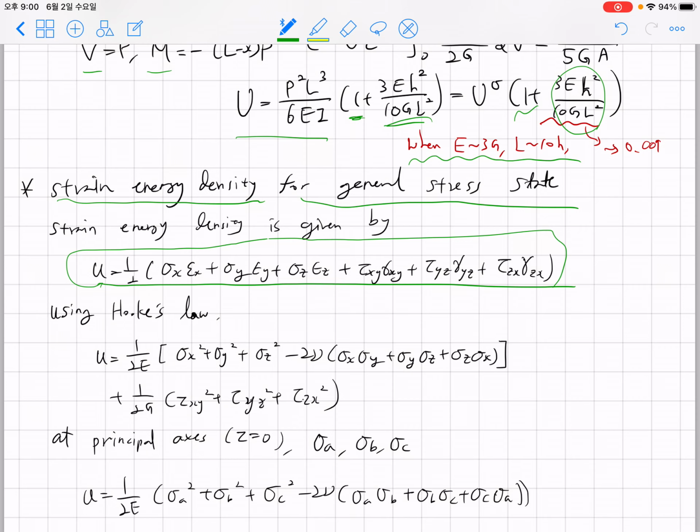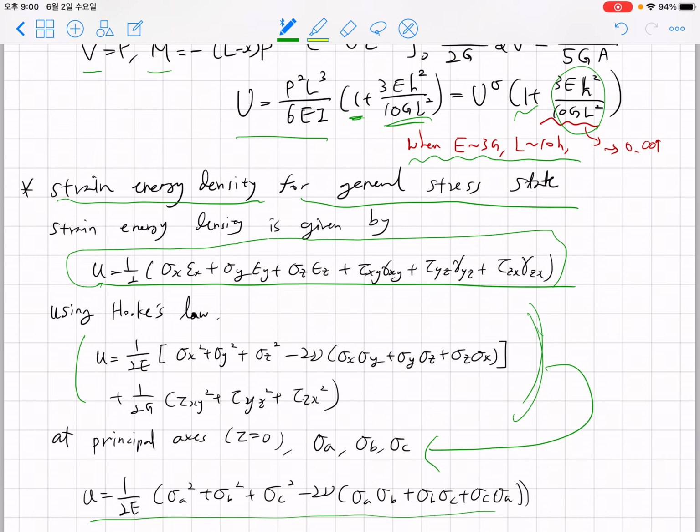However, if we replace the strain with stress using Hooke's law, we're going to have a slightly more complex expression. Still, for any stress state, we are always guaranteed to obtain the principal stresses and principal axes. And at the principal axes, we can rewrite the strain energy density in this way.